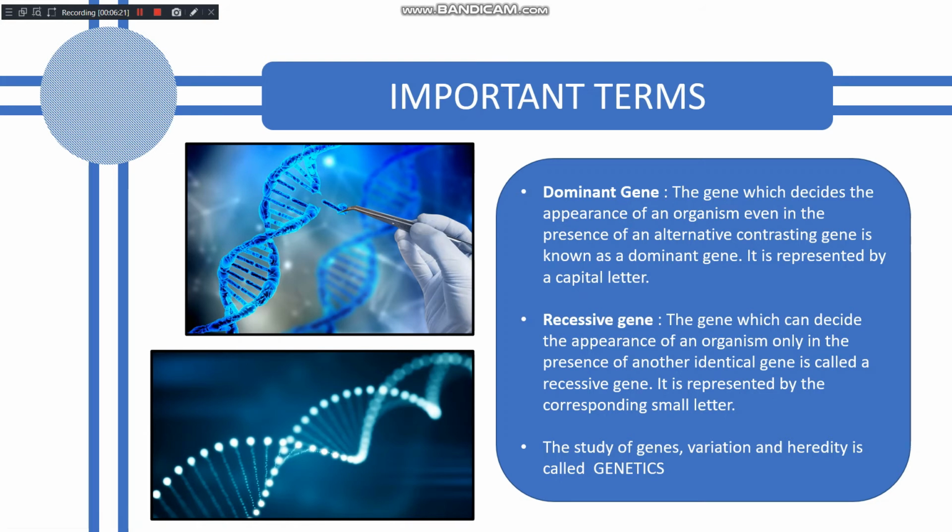Capital T is showing the character, that is the tallness. Small t is showing the character, that is the short height. If one capital T and one small t is there, then also that feature appears, meaning the tallness appears. So that type of gene is called a dominant gene.